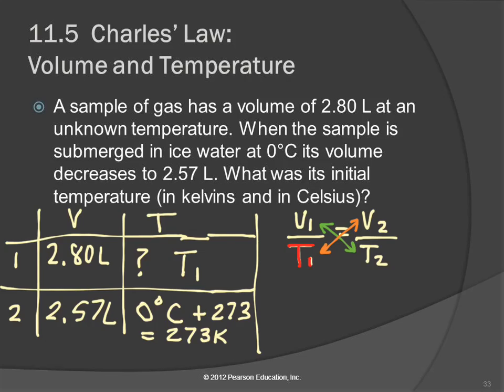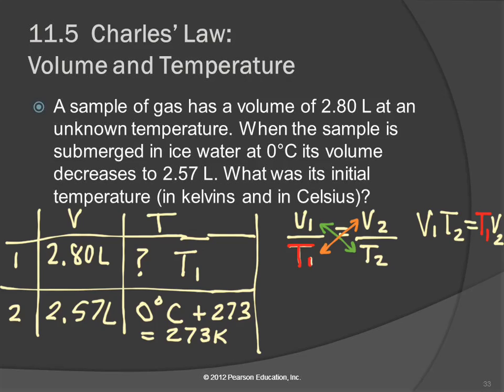So V1 times T2 will equal T1 times V2. And again, be careful with your subscripts. Don't get them messed up, because switching subscripts changes multiplying to dividing, and it ends up in wrong answers.